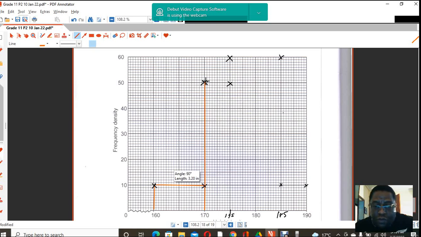This one is going to continue. I'm going to come back there. So I'm going to go from here to there. So you have a ruler, place the ruler here. There you go. Okay.